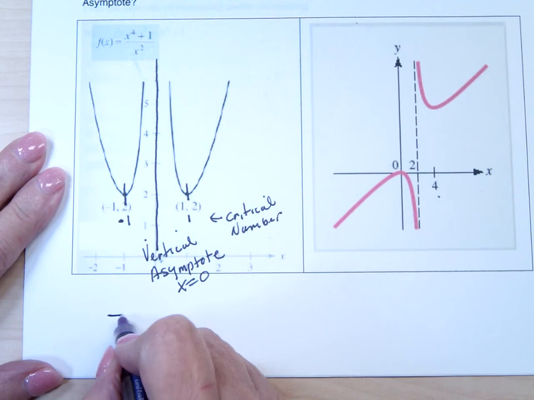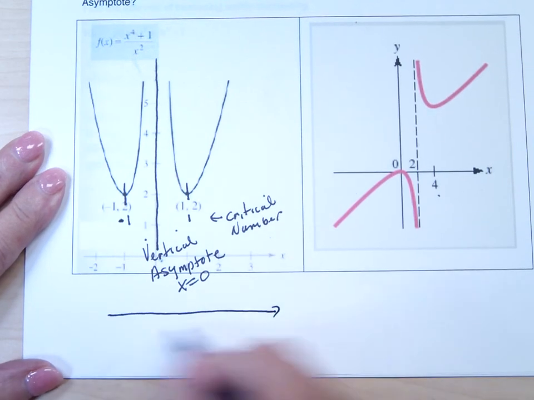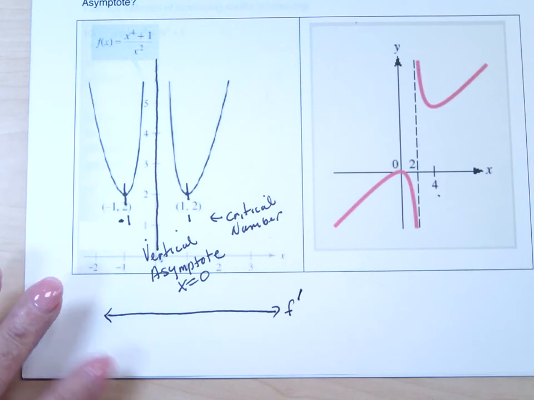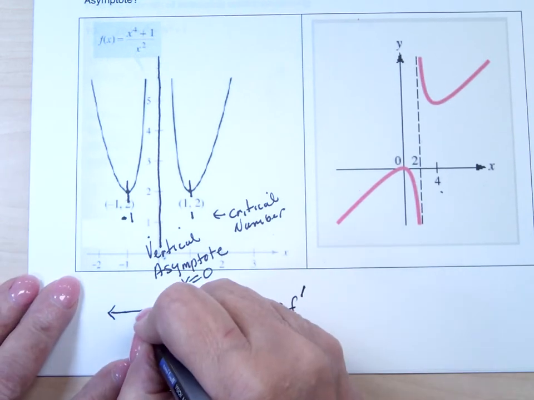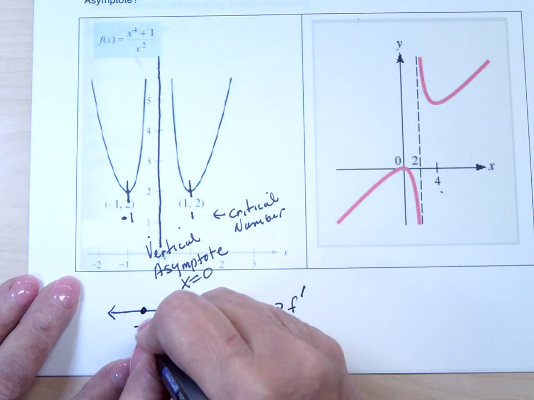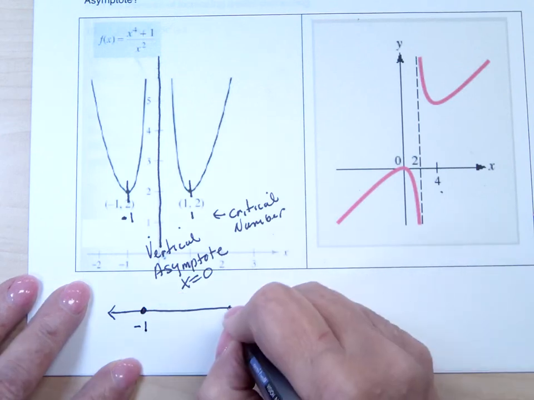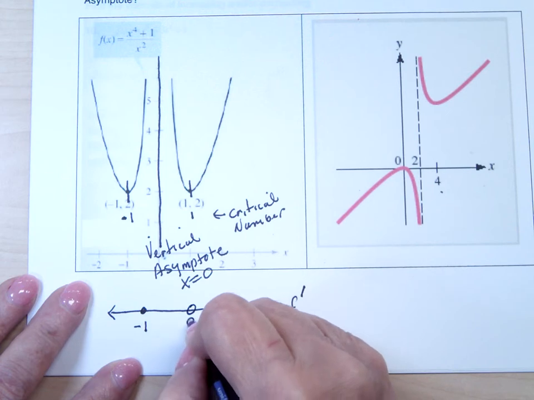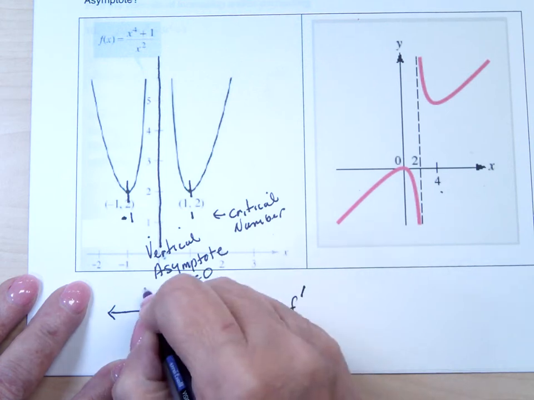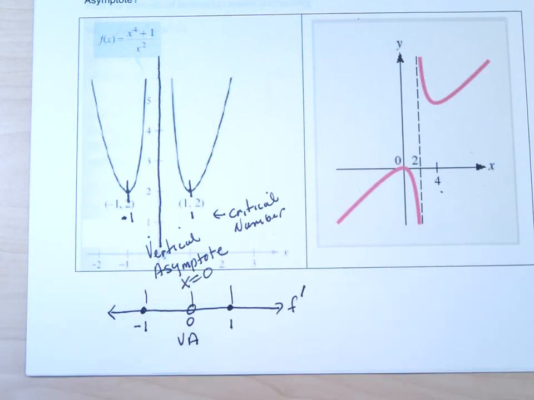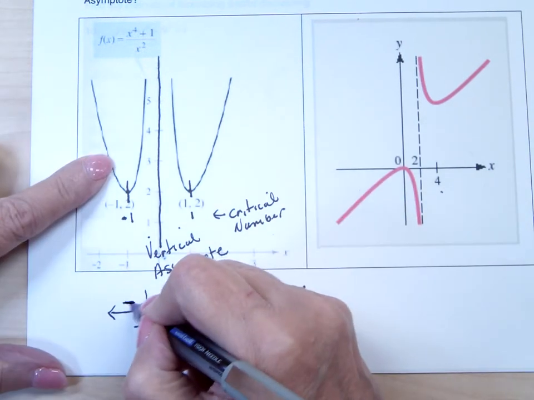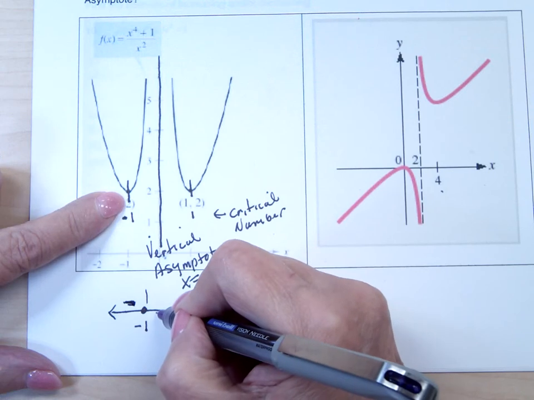Now, if I take a look at my number line that exemplifies f prime, I have a critical number at negative 1. I have a critical number at 1. But x equals 0 is a VA. Decreasing, critical number negative 1.